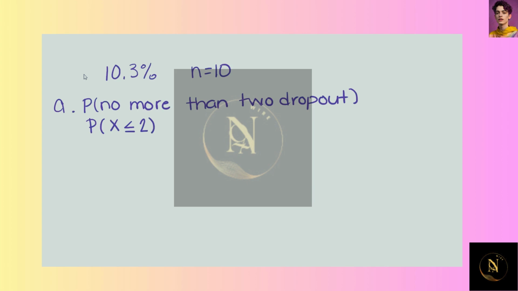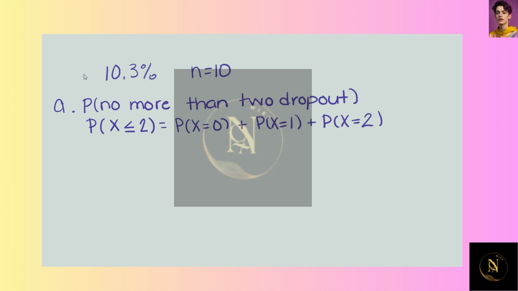You can use the binomial distribution formula here. Since you're looking for the probability that x is less than or equal to 2, you would have to find the probability that x equals 0 plus the probability that x equals 1 plus the probability that x equals 2. Find each of those probabilities separately and add them up.